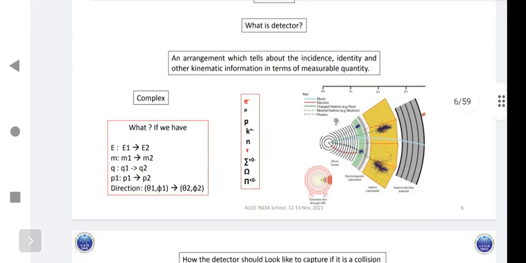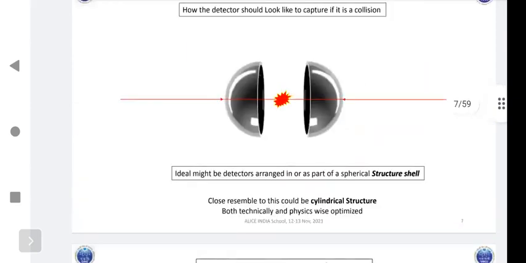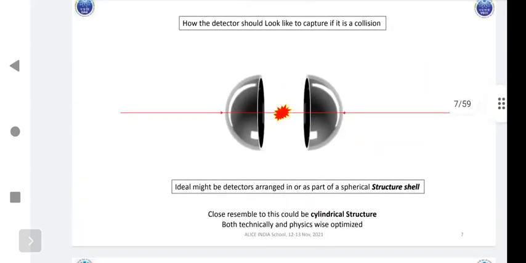Okay. So we know about what is a simple and what is a complex detector. As I was saying, if we keep in mind that the particle source for us is an RHIC or LHC type of experiment, then we are expecting to have a collision. So two oppositely moving beams will collide at some point, this red extension.